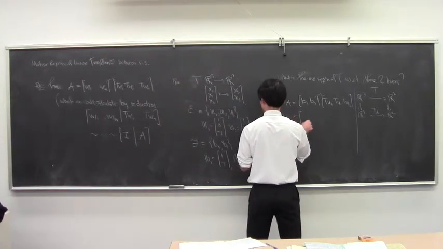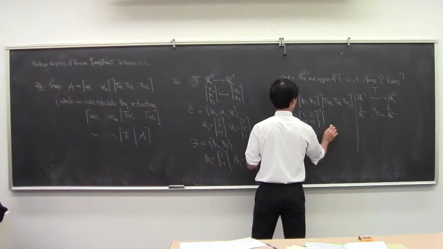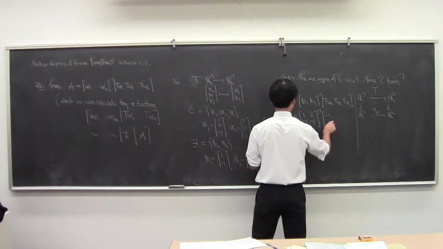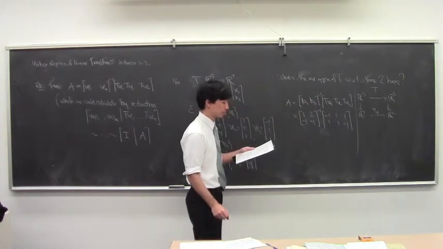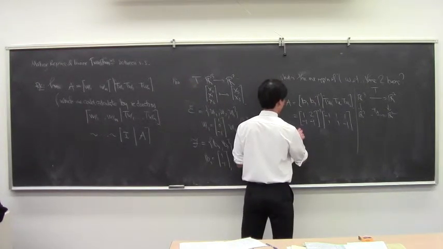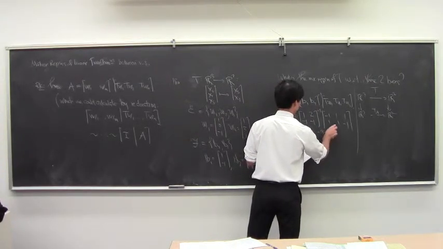That is to say, 1, -1, 2, -1 inverse times TU1 is -1, 1, TU2 is 1, 1, TU3 is 1, -1. And if you work it out, it turns out to be -1, -3, 1, 0, 2, 0.